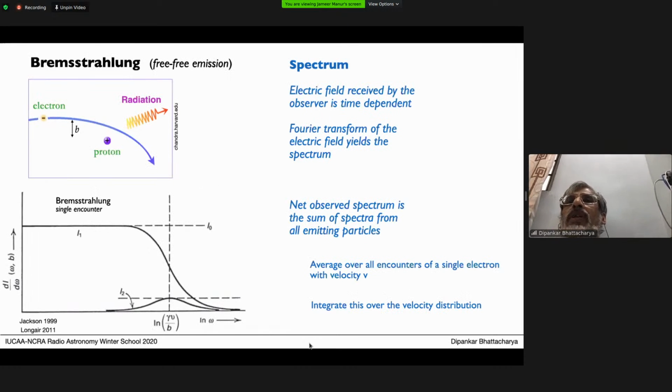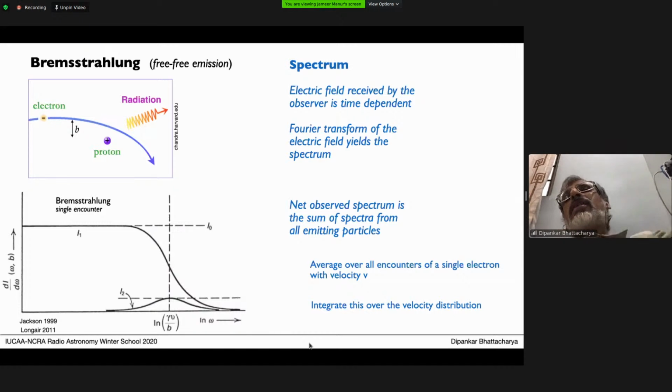So the first process that I will describe is called Bremsstrahlung. Bremsstrahlung is a German word which means braking radiation. So if you have a charge, and if you brake its motion or accelerate it, then it produces radiation.